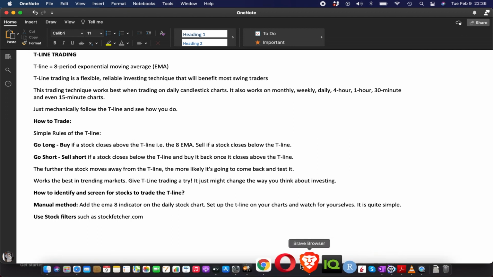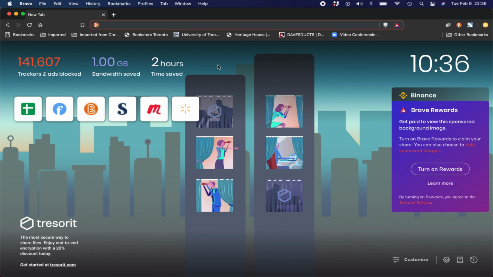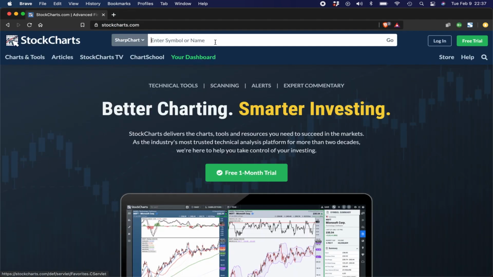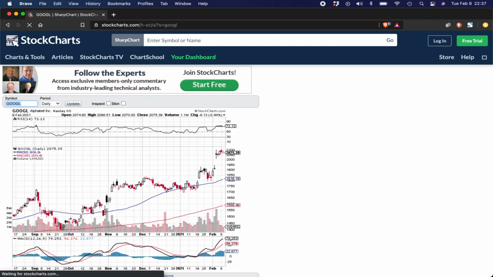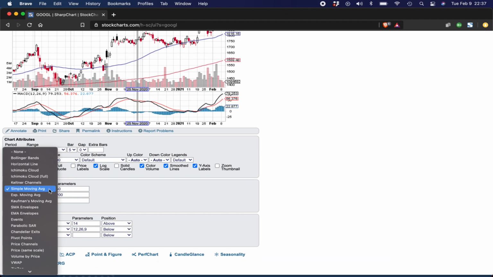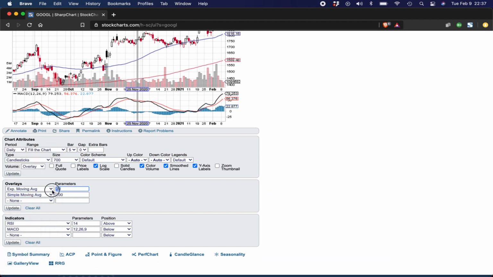I'm going to pull a stock chart. Let me pull Google because I like Google. So all I'm doing is adding the exponential moving average for 8 days. I don't need the simple moving average.